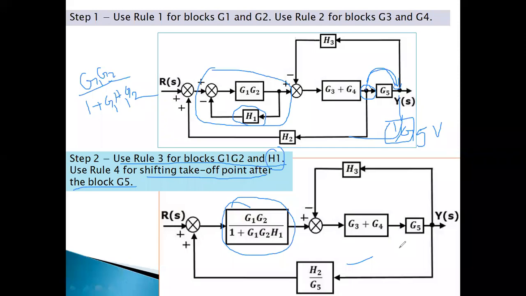Third step, if we have any feedback paths, eliminate the feedback paths. Next, if we have any problem with summing points or takeoff points, the takeoff point is moved towards the right and the summing point is moved towards the left. The same rules I have applied here.